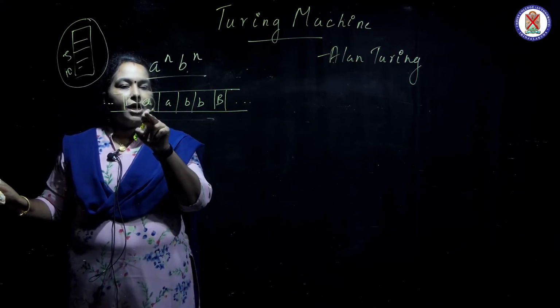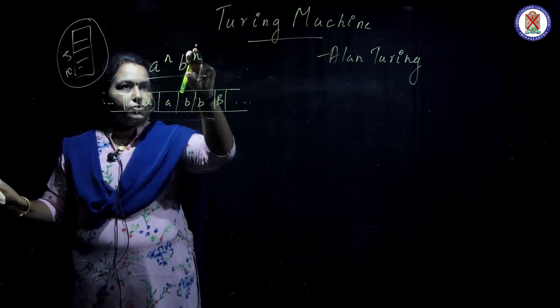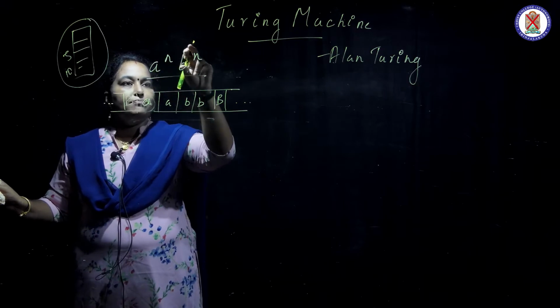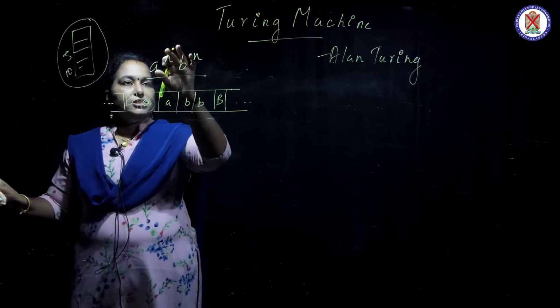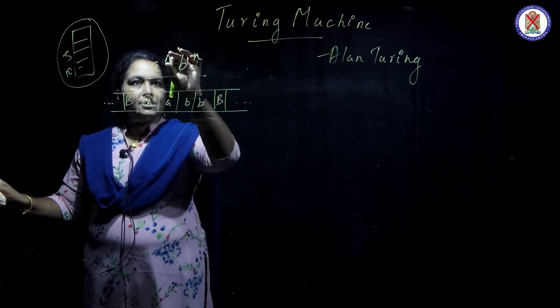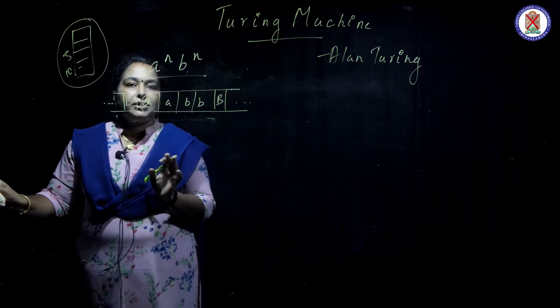after blank, when I am seeing the first A, I must report that I am seeing the first A, isn't it? A^n b^n means for every A, a B must be matched. That is, A is repeated n times, then B must be repeated n times.